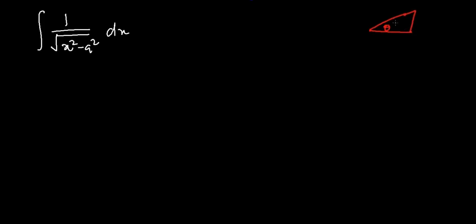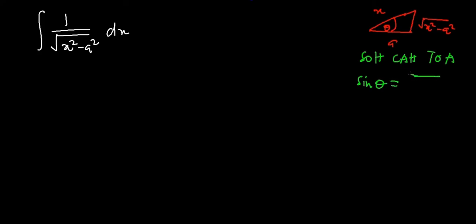This is theta. So I'm going to have this side to be a, and then this side to be x, and then this side will be the square root of x squared minus a squared. So now let's write down equations for the sine, cosine, and then tangent of the angle. Right, so we're applying SOHCAHTOA here. So the sine of the angle, that's sine of theta, opposite over hypotenuse, right?